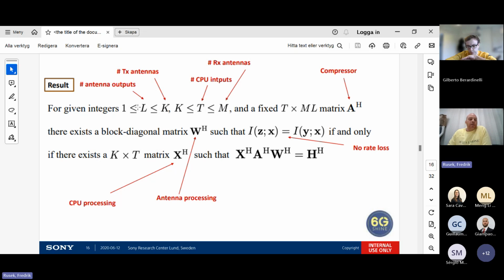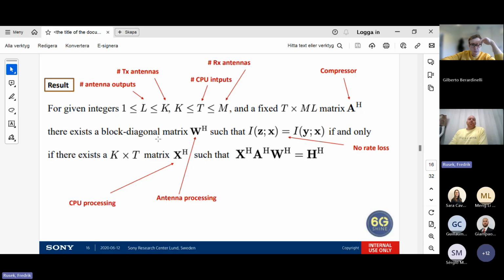If we have integers L, the number of outputs from the antennas, and T, the number of CPU inputs, and a matrix A that is fixed, meaning it will not change depending on the channel, then the result guarantees the existence of a matrix A that is not dependent on H, the channel, meaning that you can implement it once and for all.